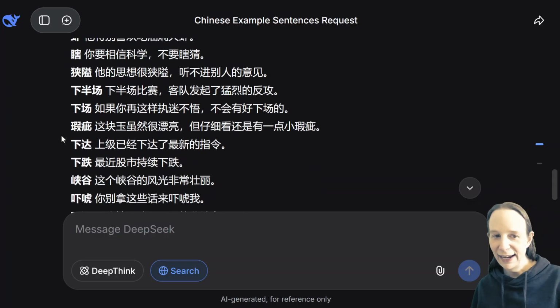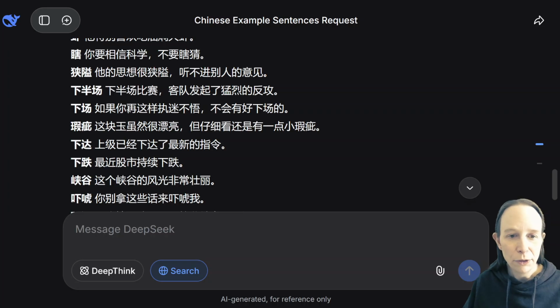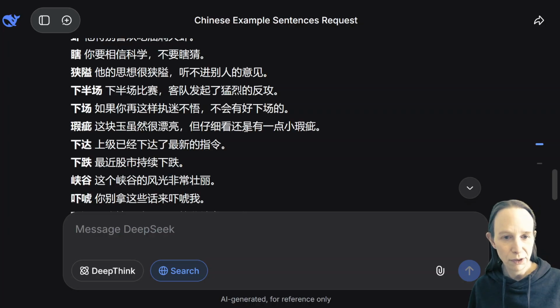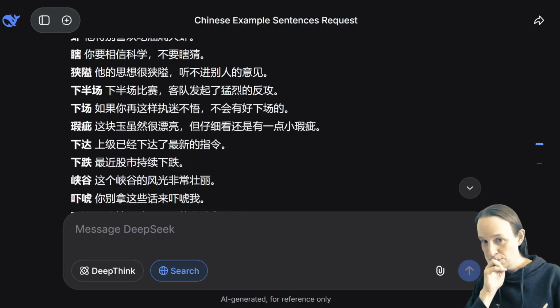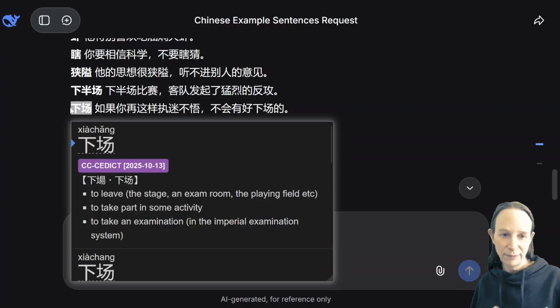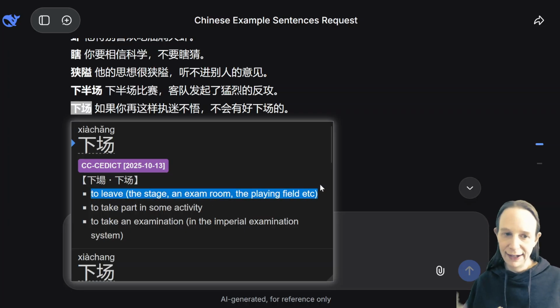下场. Okay, I don't really know this, but I'm guessing it means to be put on market or something like this. Let's read the example first. 如果你在这样执迷不悟，不会有好下场啊。I don't know what this means. I got nothing. 下场会有好。So to leave this one, 下场.